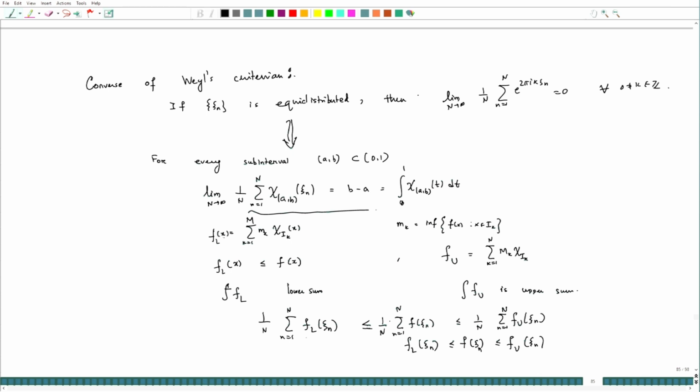Now, this side converges to the integral from 0 to 1 of f t dt, and this side also converges to the integral from 0 to 1 of f t dt. So the middle one has no other choice but to converge to the integral from 0 to 1 of f t dt.